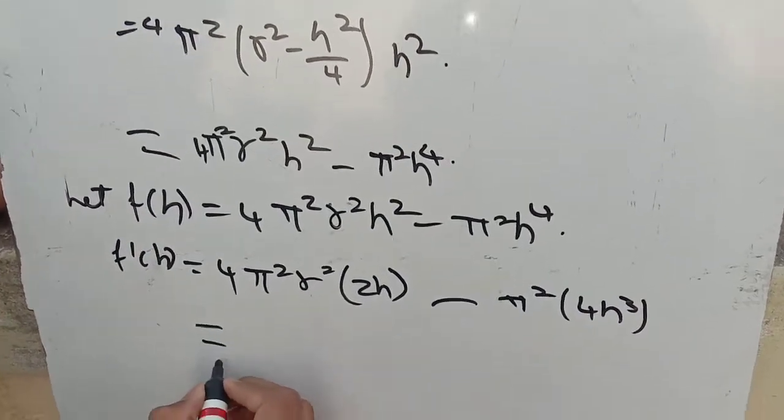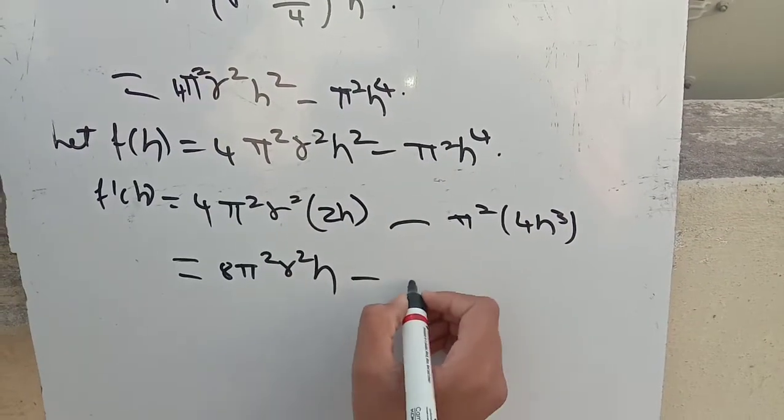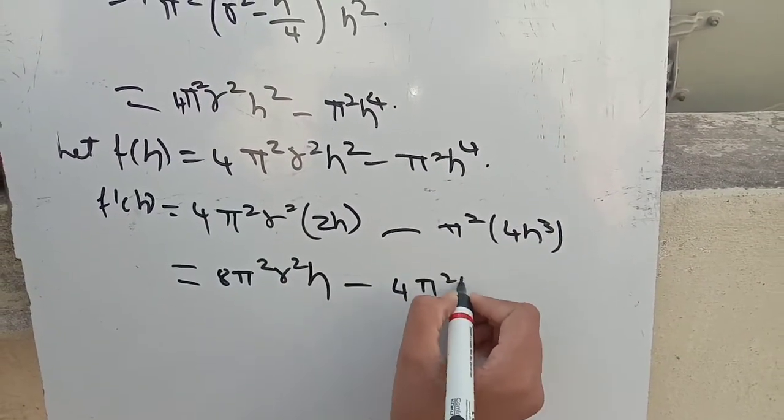So f dash of h is 8 pi square r square h minus 4 pi square h cube.